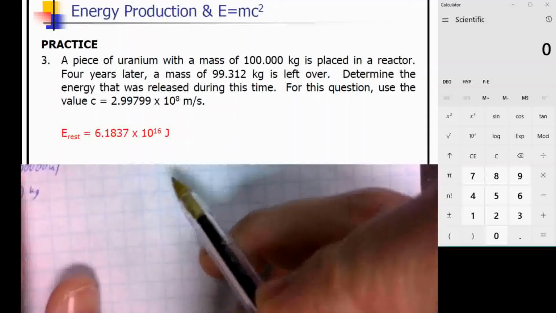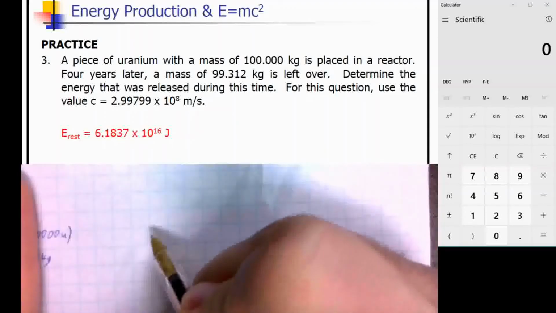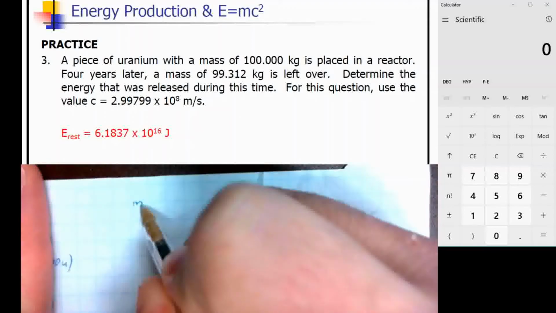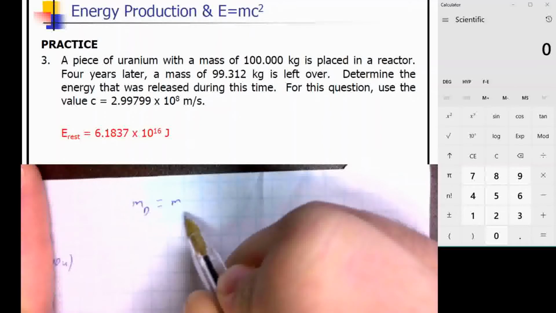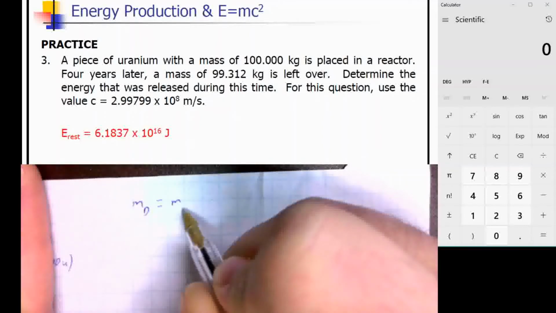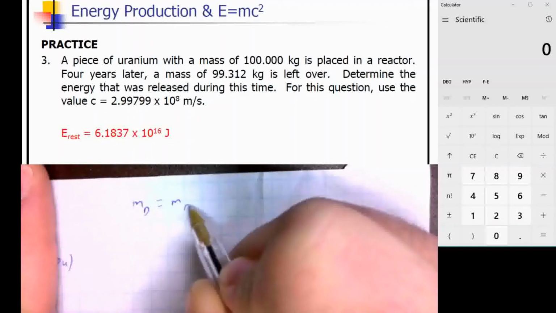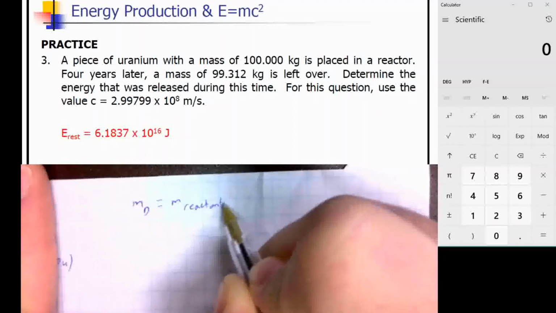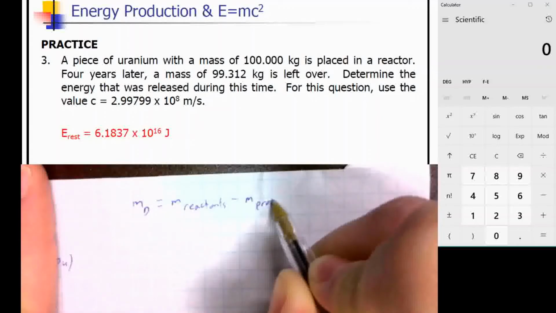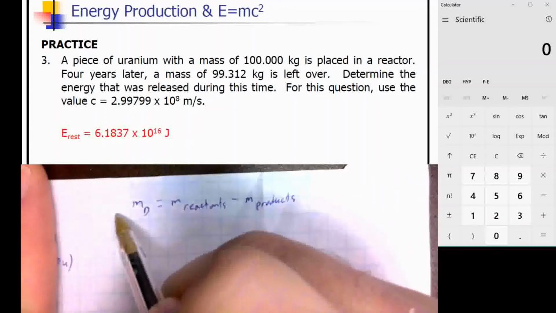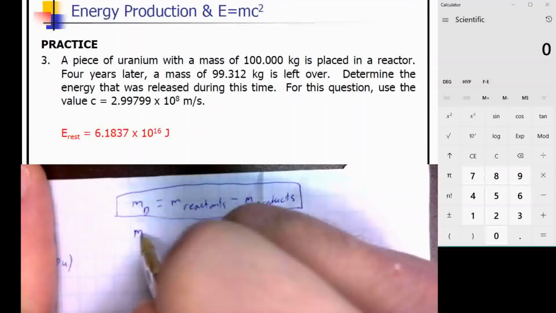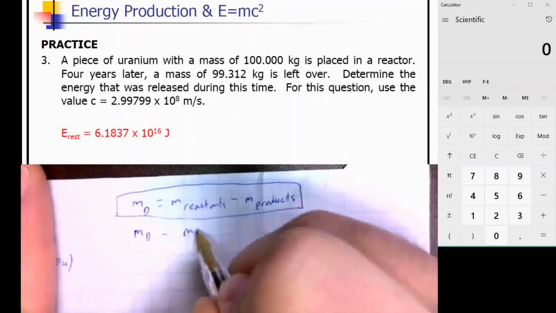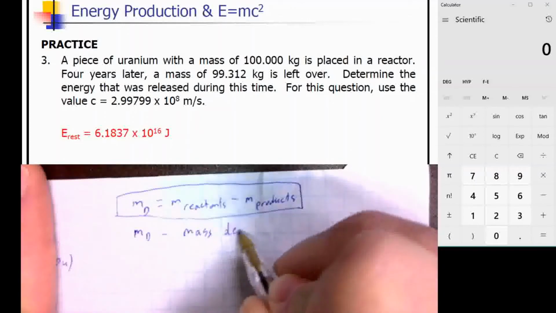So first, for a question like this, we need to find the mass defect. And the mass defect, which you would have copied down previously, but I'll write down the equation here. It's the mass of the reactants minus the mass of the products. So please copy this down if you haven't done so already, where MD is the mass defect.